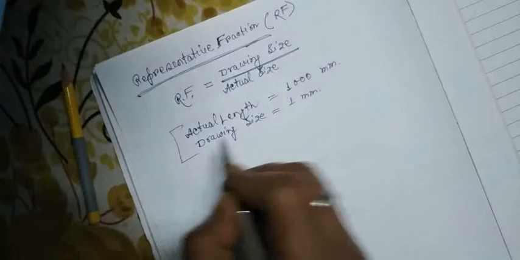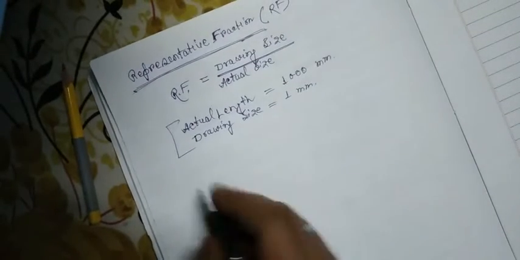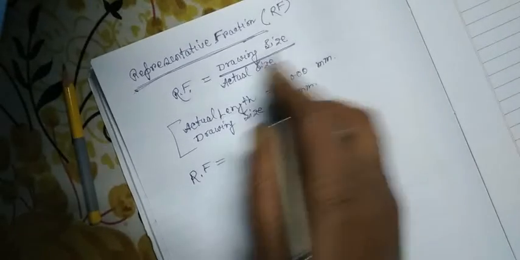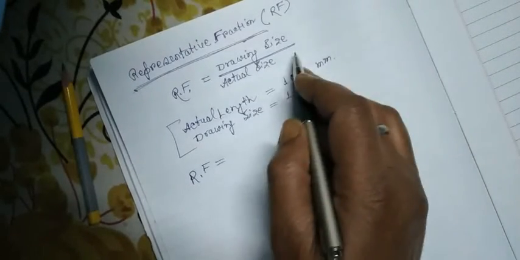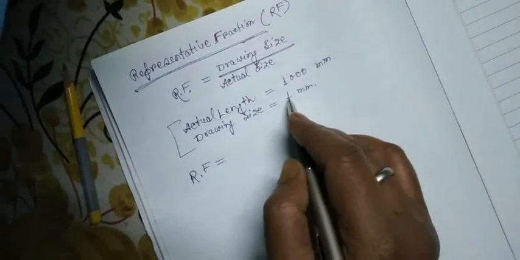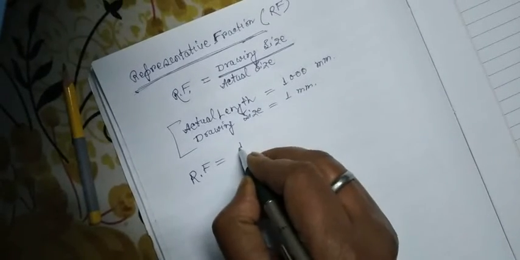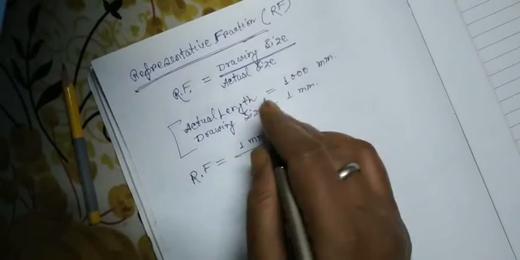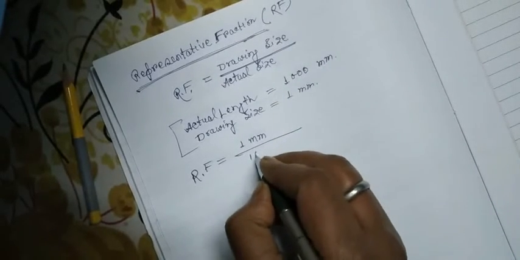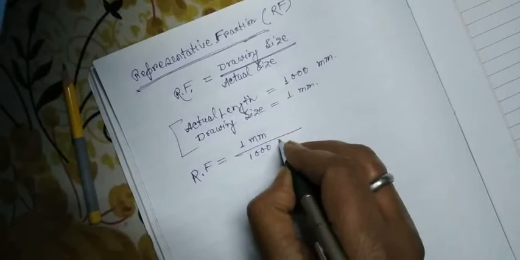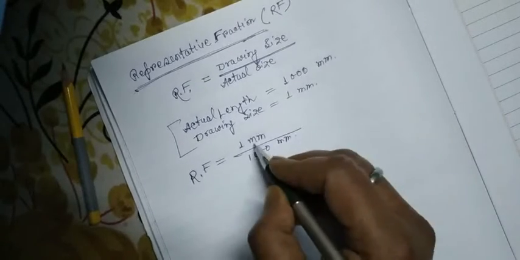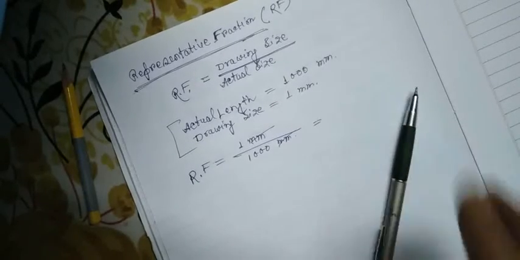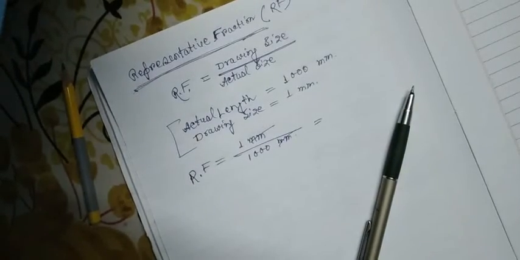So in that case, what is the RF? RF equals the drawing size of the object divided by the actual size of the object. The drawing size is 1 millimeter and the actual size is 1000 millimeter. So we cancel millimeter with millimeter.